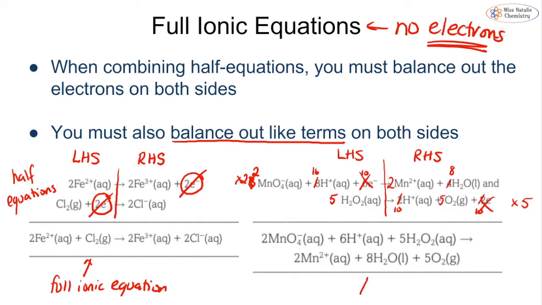And then we again just combine everything to give us the full ionic equation: everything on the left hand side, then the arrow, then everything on the right hand side.